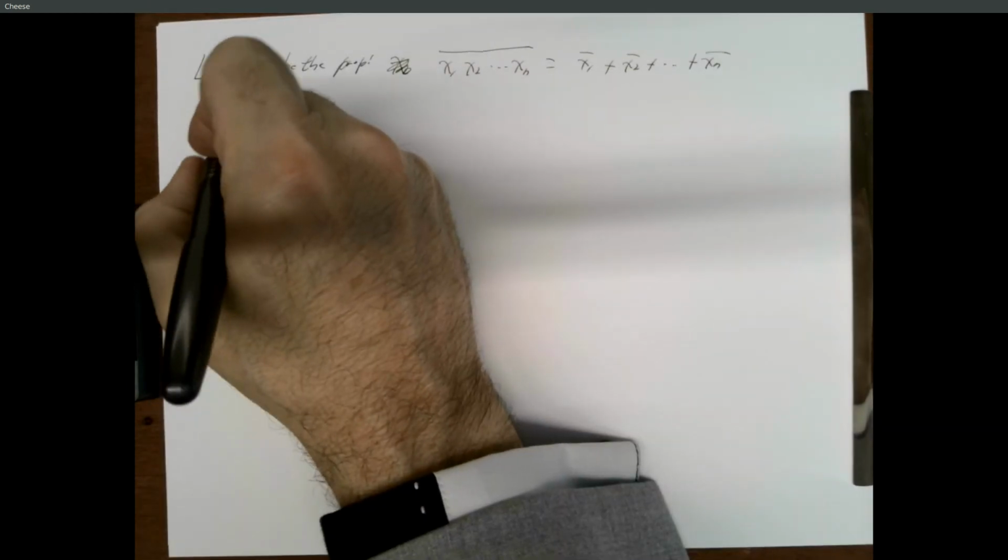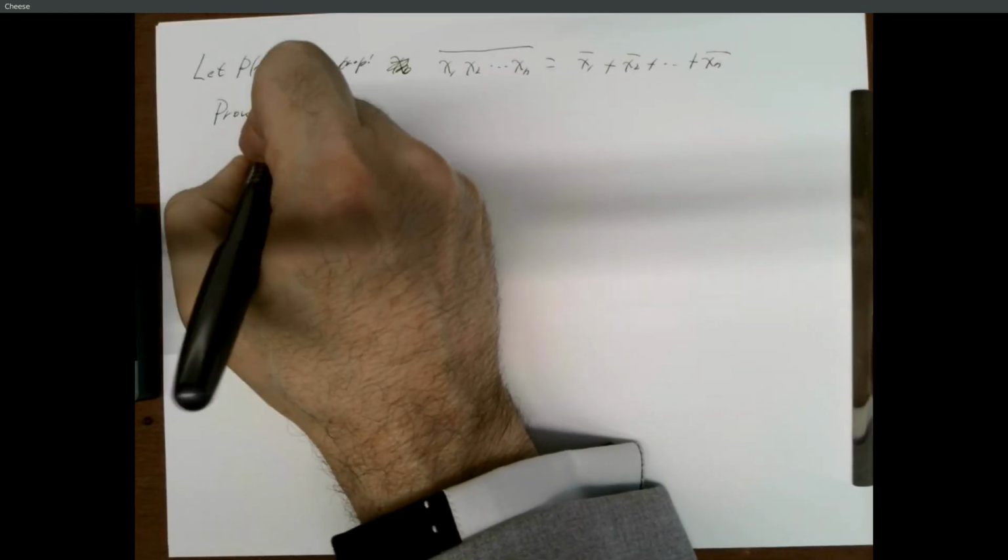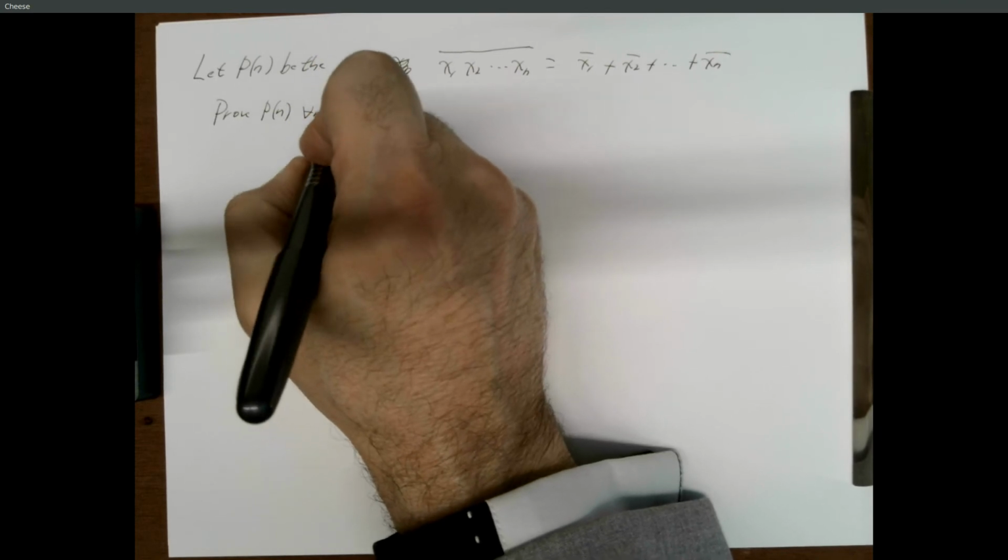And we want to prove P of n for all n bigger than or equal to 2. It's kind of silly true for one variable, because that just says x1 bar is equal to x1 bar. But we'll start with two variables, just to make it a little more profound looking.